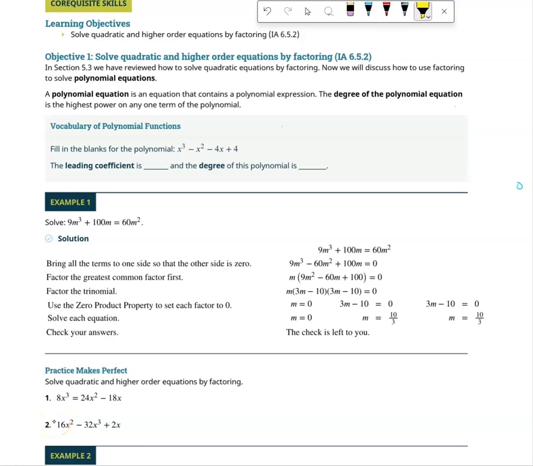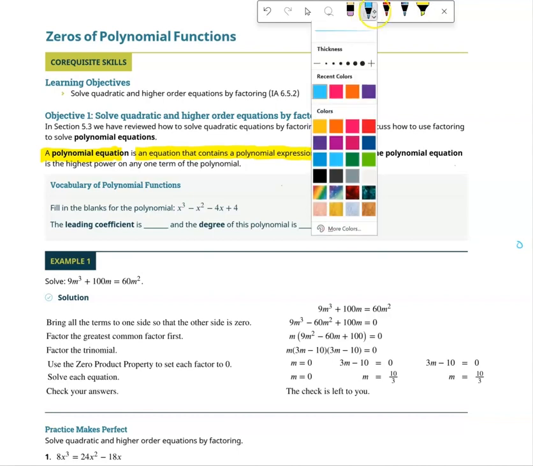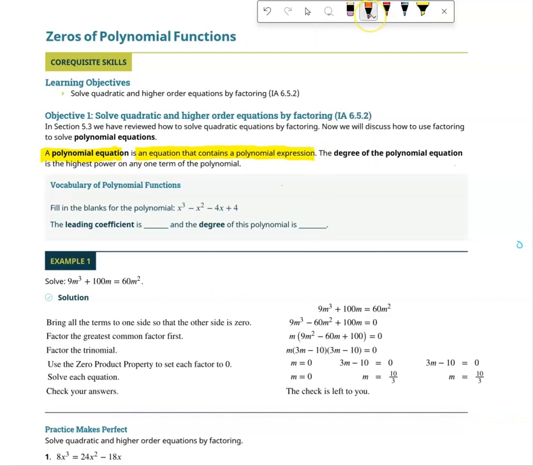Okay, let's talk about zeros of polynomial functions. A polynomial equation is an equation that contains a polynomial expression. Let's talk about the difference between an equation and an expression.